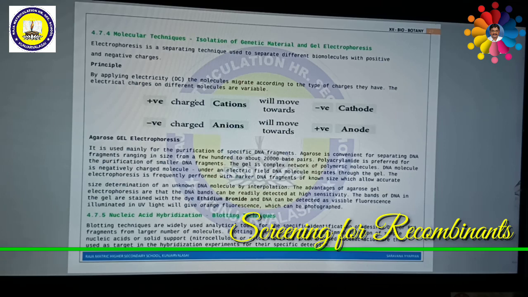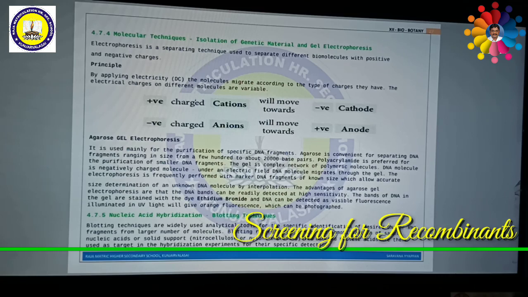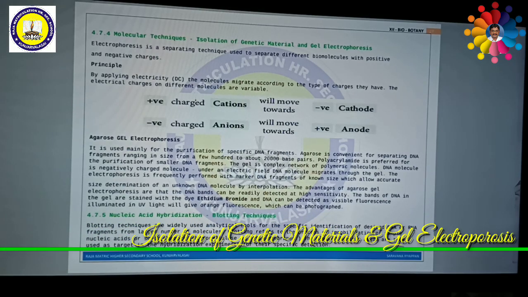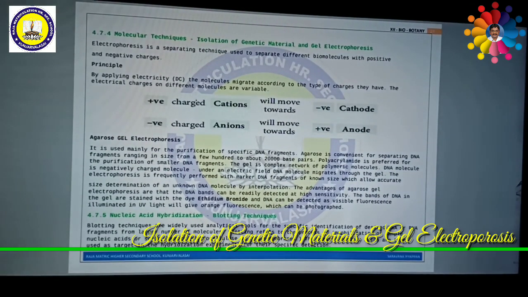Blotting refers to the process of immobilization of sample nucleic acid, either DNA or RNA, on a solid support material, which is nitrocellulose. That means we can take a copy: blotting is transferring a particular material onto another. So this is called blotting techniques.